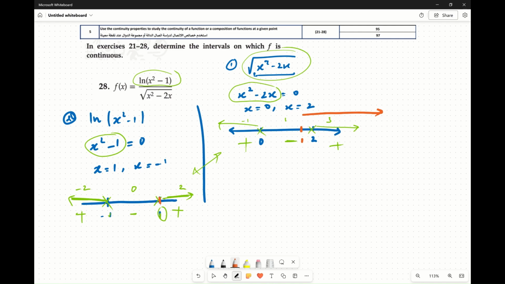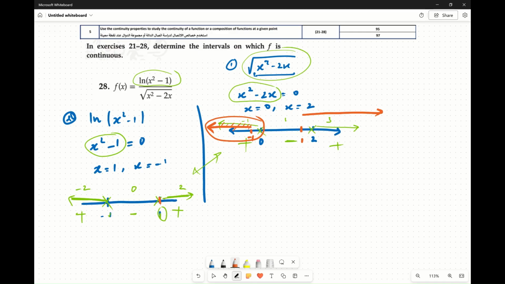Minus 1 is somewhere over here. I need anything less than minus 1. So now, where is the common between both of them? This one says less than 0, this one says less than minus 1. So both of them are in common when it is less than minus 1.